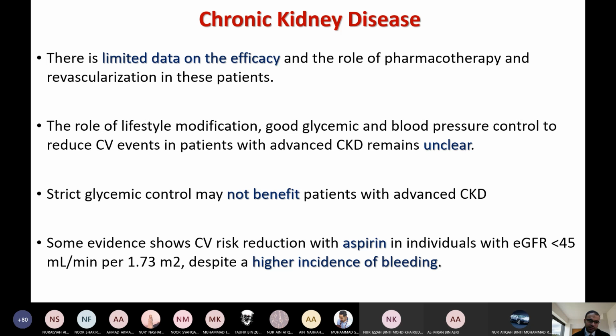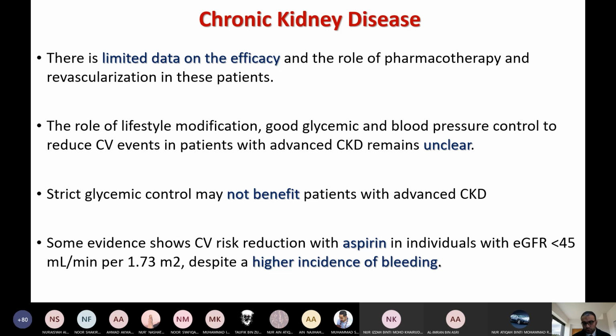To what extent is not that well established. In general, in patients with advanced CKD, strict glycemic control was not found to be that beneficial. Strict means targeting a lower value of hemoglobin A1C than the recommended.